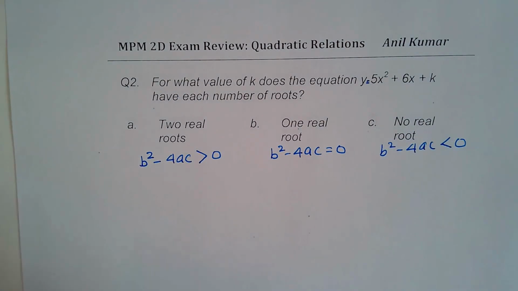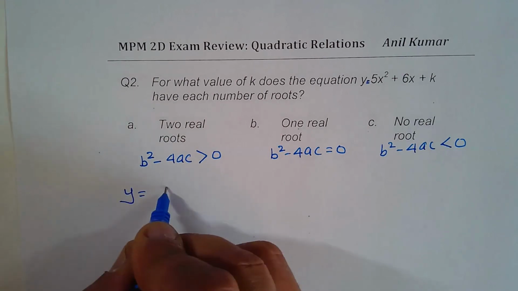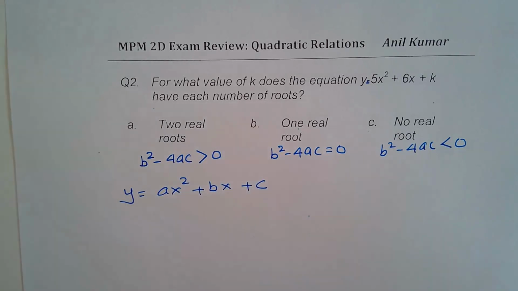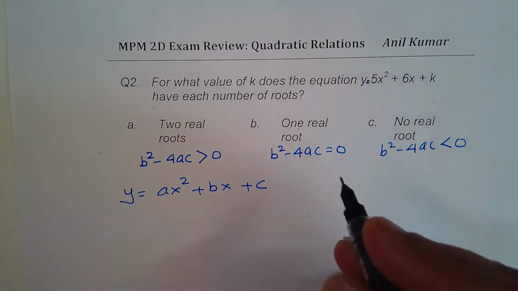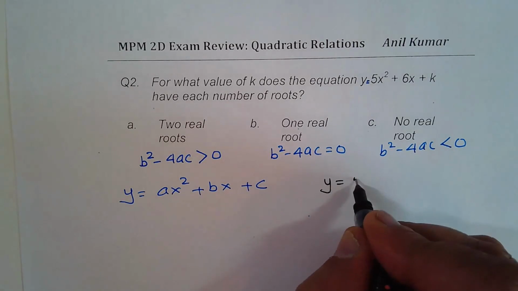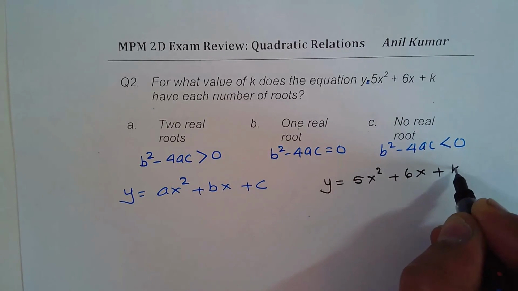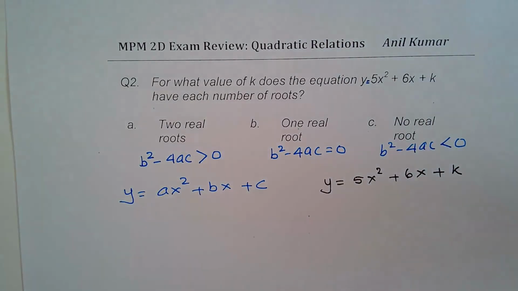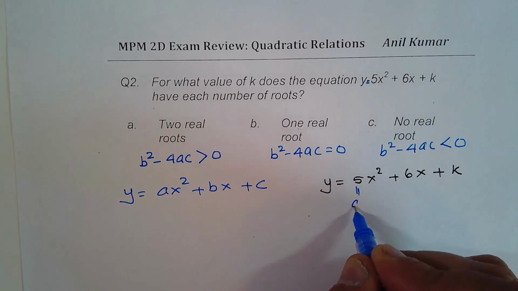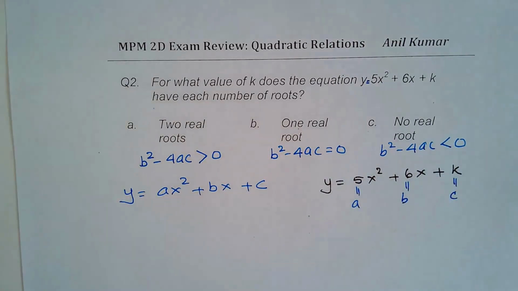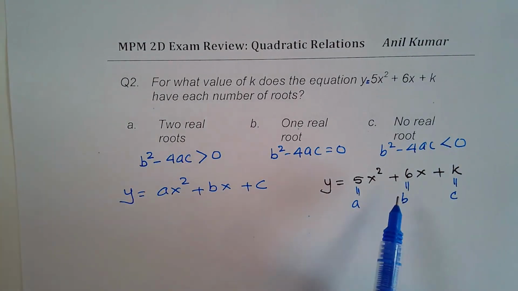This is when we take up an equation y equals ax squared plus bx plus c. Now in our case, we are given the equation y equals 5x squared plus 6x plus k, right? If you compare, a is 5, b is 6, and c is the constant k. So let's figure out b squared minus 4ac and equate it to 0.